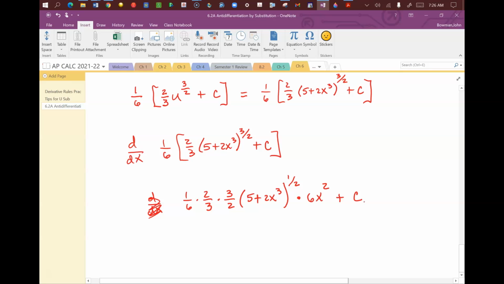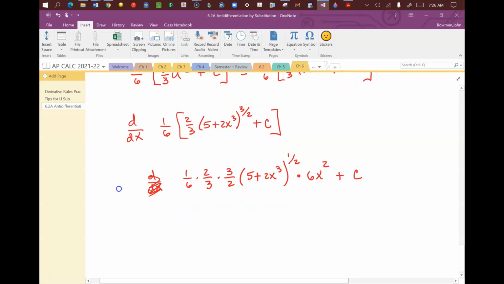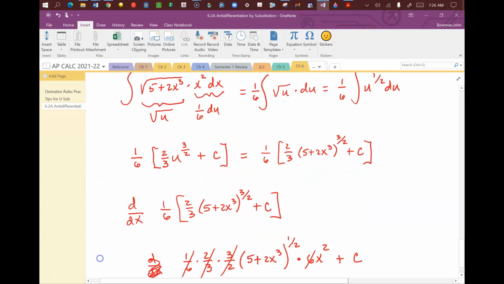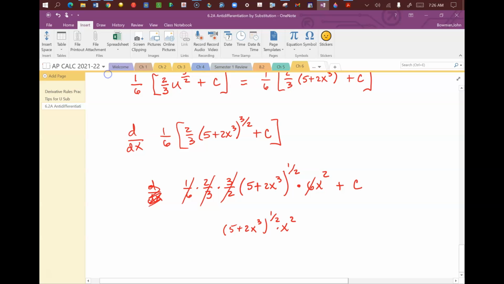And again, I left the 1/6 off the c because 1/6 of a constant is still a constant. The 6 and the 1/6 cancel out, the 2/3 and the 3/2 cancel out or reduce, and we get 5 plus 2x cubed to the 1/2 power times x squared, which is our original integrand that we had.